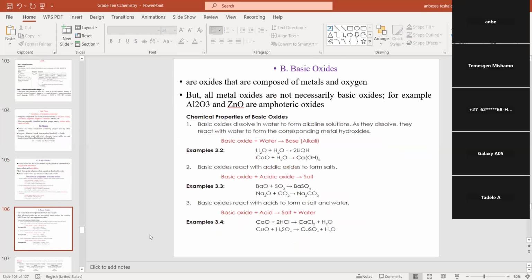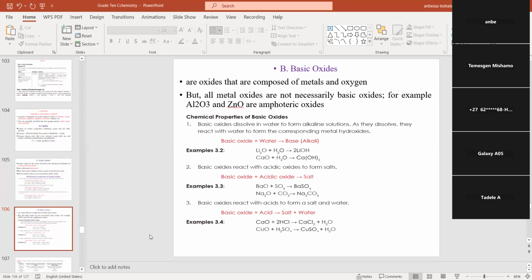When you come to basic oxide, these are oxides of metals; a compound that contains oxygen and a metal is a basic oxide. But like acidic oxides, all metallic oxides are not necessarily basic oxides, because there are some metallic oxides that do not show the behavior of basic oxide.